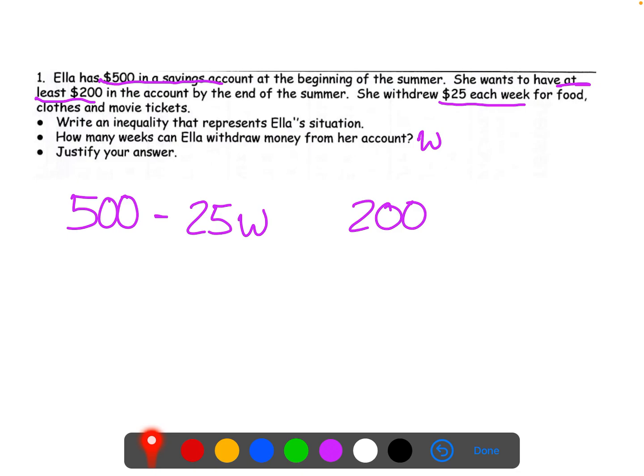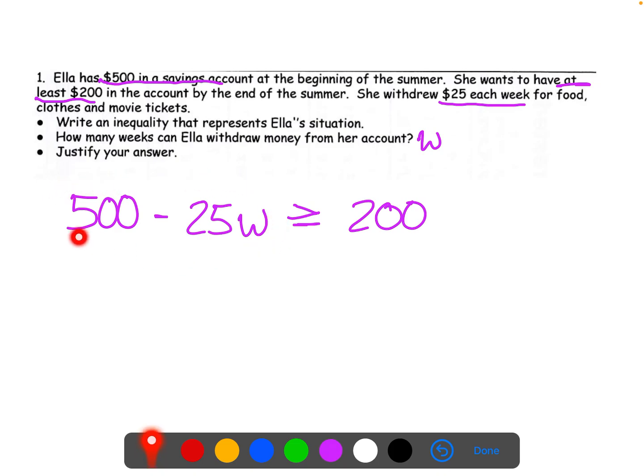And remember, she wants to keep her account balance above 200, or when it says at least 200, it means it could equal 200. So we need to either equal $200 or we need to keep the account above or greater than 200.